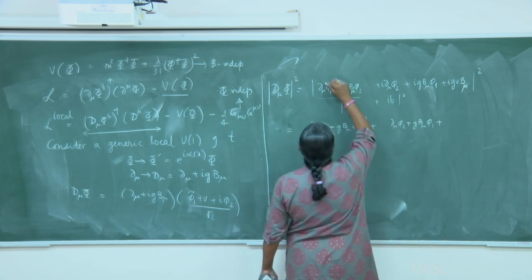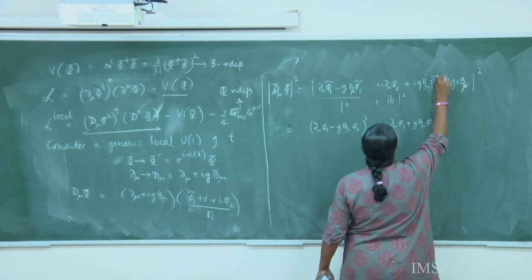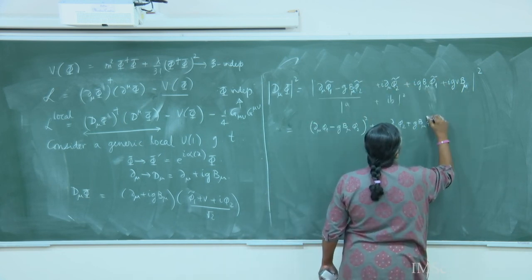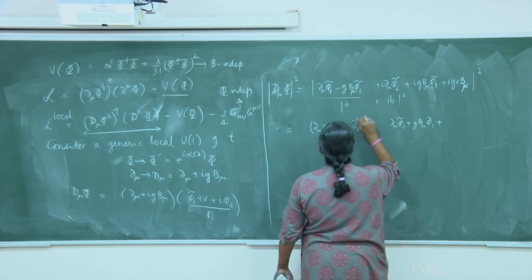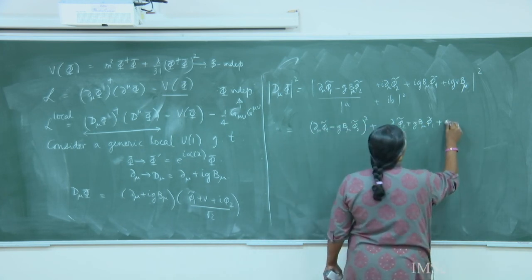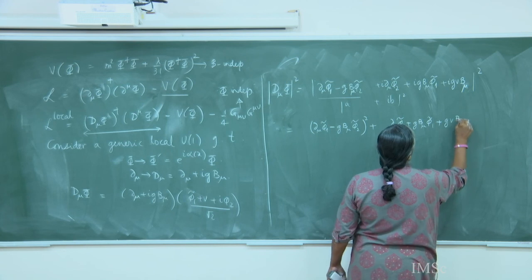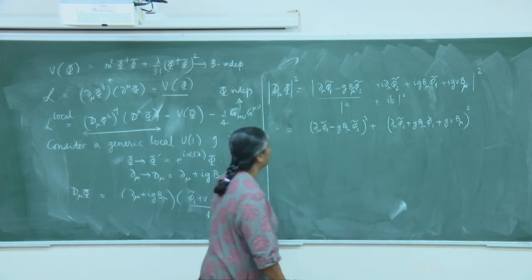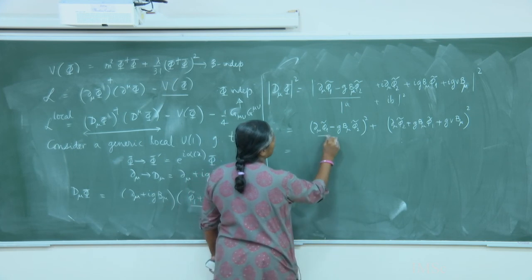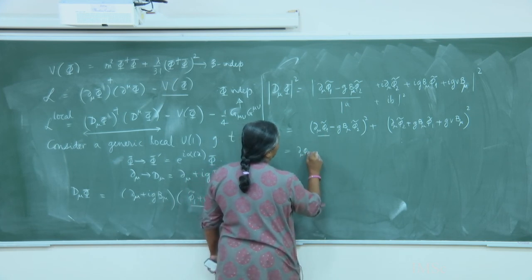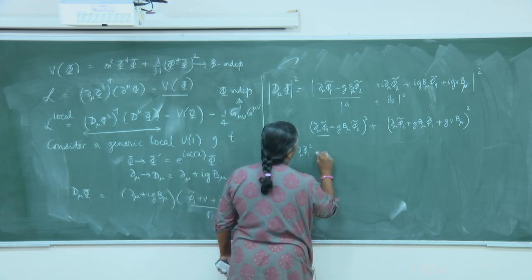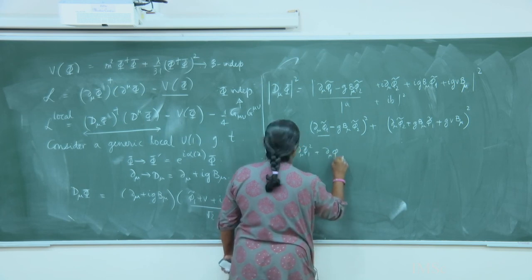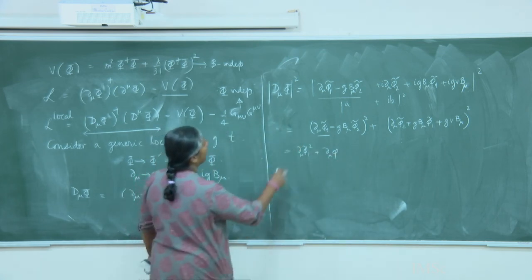By the way, phi 1, phi 2 must all be tildes, but I am just dropping them, because we have no non-tilde fields, plus g V B mu squared. So you can see that I have terms which look like D mu phi 1 squared, D mu phi 2 squared, and then I have forgotten the root 2, so there is a half everywhere.